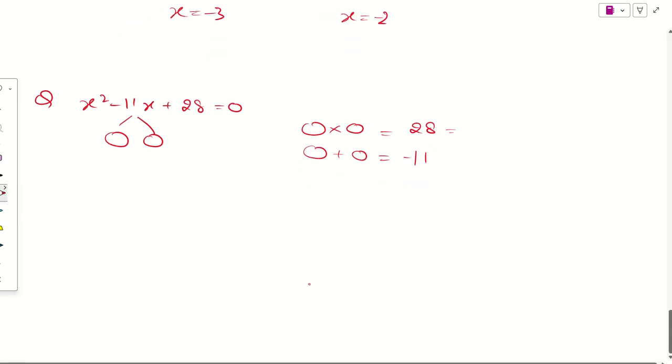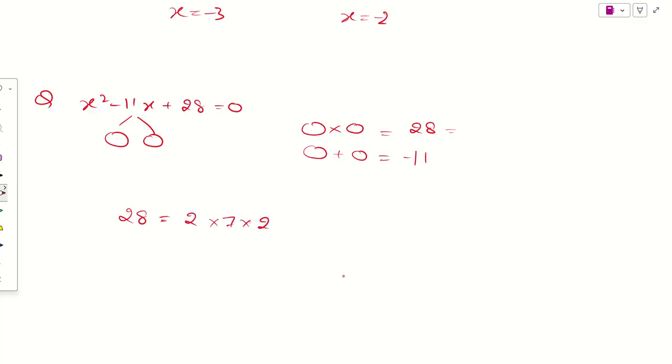You have to factorize this product now. So the factors of 28, we are not trying to find the factors only, we are trying to find multiplications of prime factors of 28. So what will be the multiplications of prime factors of 28? It will be 2 and 7 and 2. So from these factors, try to form possible combinations whose multiplication gives you 28 and addition gives you minus 11.